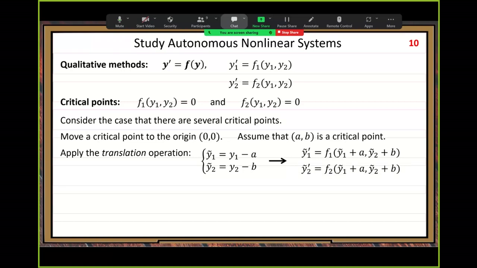Then for the second one, y2 tilde prime, plug in as well. It looks a little complicated, but not too bad. For each coordinate, you just add one constant.